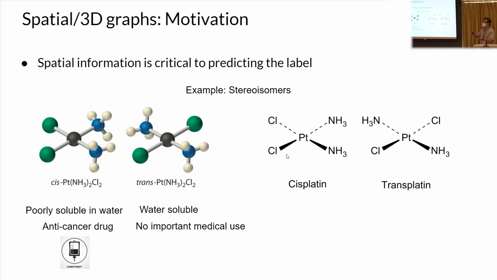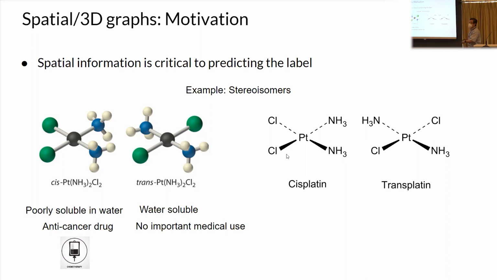Pedro gave another example this morning. But in this case, if you just look at the composition, there's no difference. But because of the 3D spatial relationships between the atoms, they are different stereoisomers. One can be water soluble, and the other can be poorly soluble but be an anti-cancer drug.